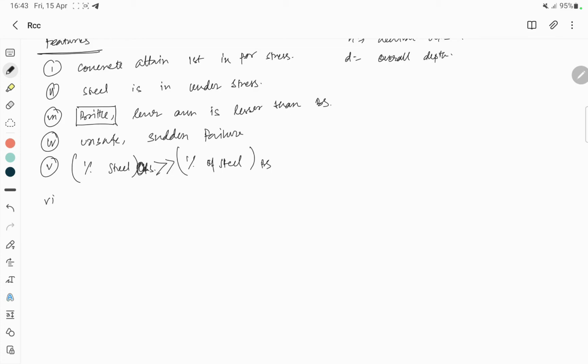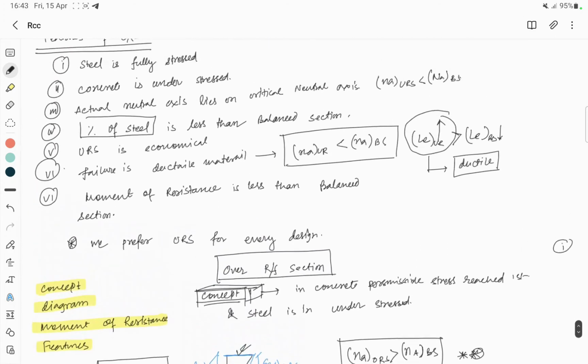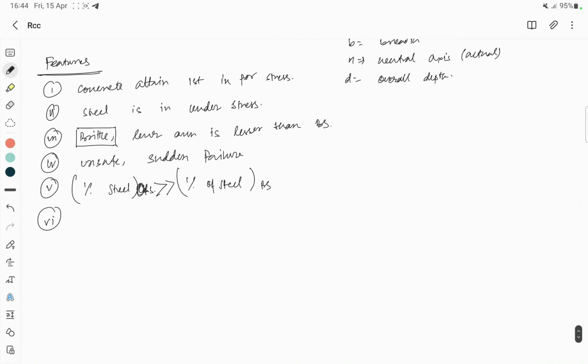Number 6 is these sections are not economical also.